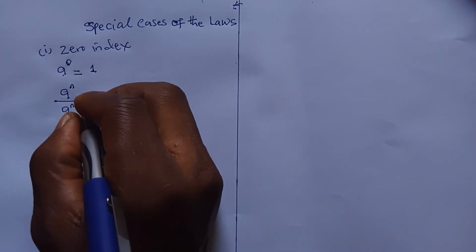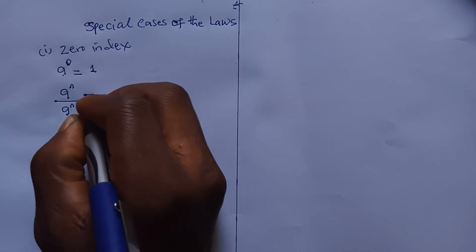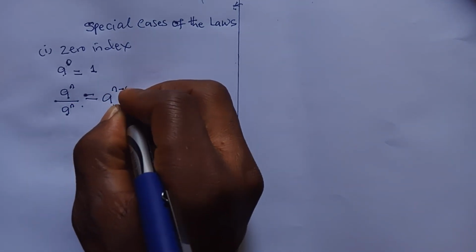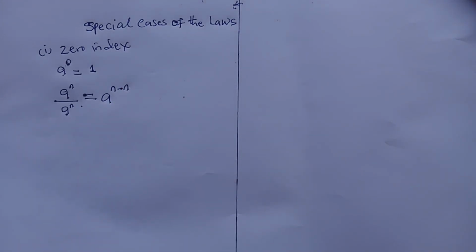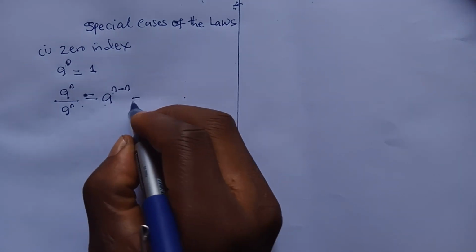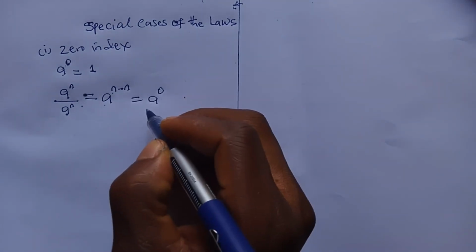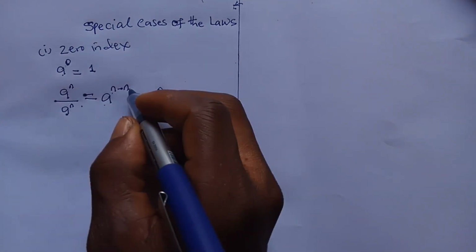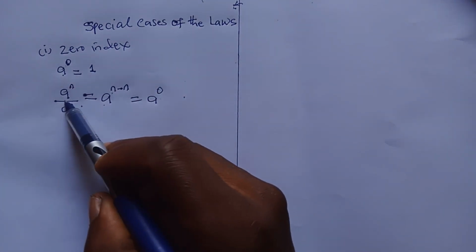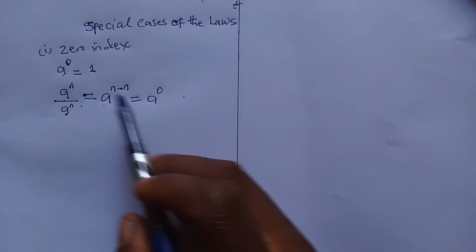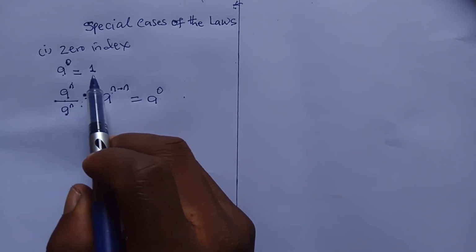And this is the same thing as a raised to power n minus n, from what we discussed under division law, which is a raised to power 0. So if a raised to power 0 is the same thing as a raised to power n minus n, and a raised to power n all over a raised to power n will cancel themselves and give you 1, that means a raised to power 0 is equal to 1.